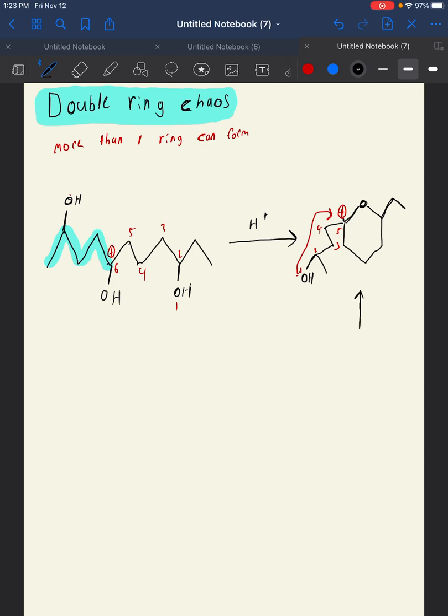So draw out your 6-membered ring. I'll actually try and make this one a little cleaner. Like that. And then draw in your substituents. Just draw in that original ring. And now then, boom. Oxygen. I didn't draw that nice enough.